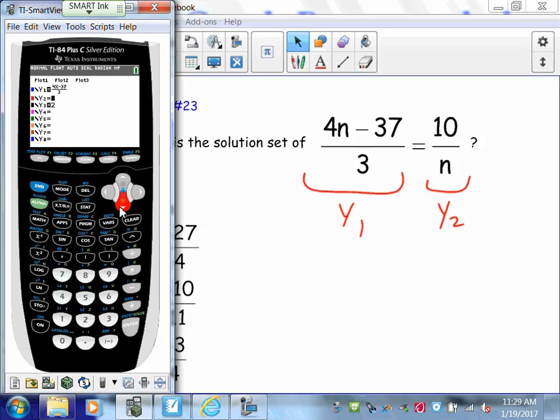Let me clear that third one. There it is. Alpha y equals 1, 10 over x. Got it? You literally don't have to write anything down unless maybe you want to jot some notes. Okay. Here we go.